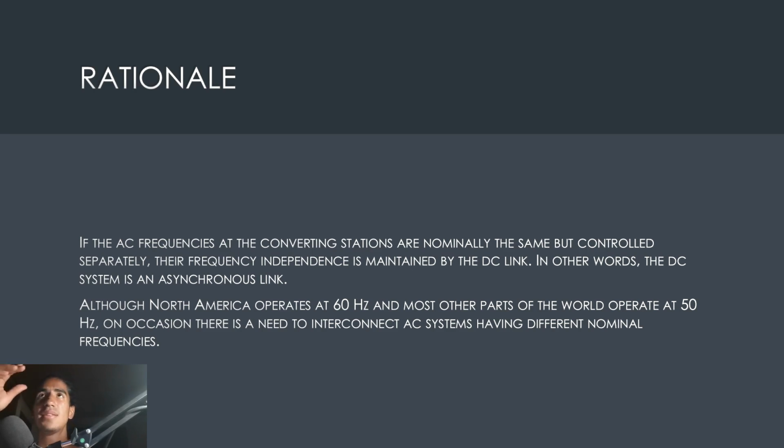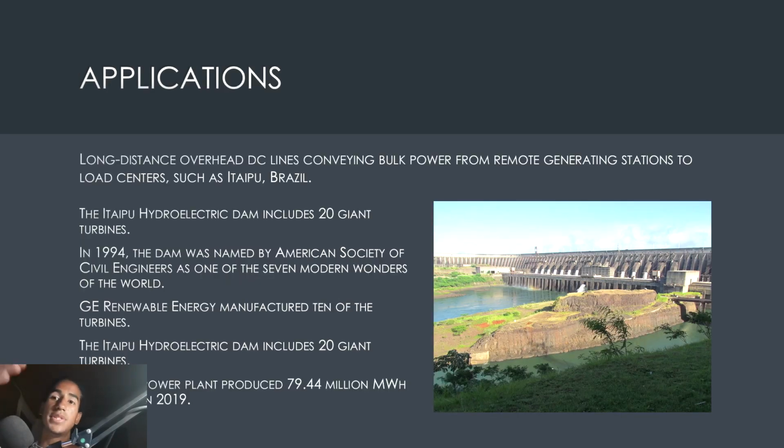In Japan, there are two cities, for historic, cultural reasons, that use two different frequencies, 60 and 50. So they do have to have a station that converts 60 to 50 hertz, of course.